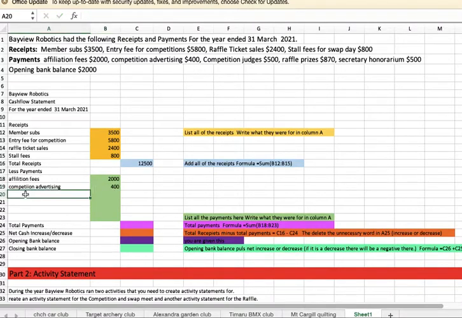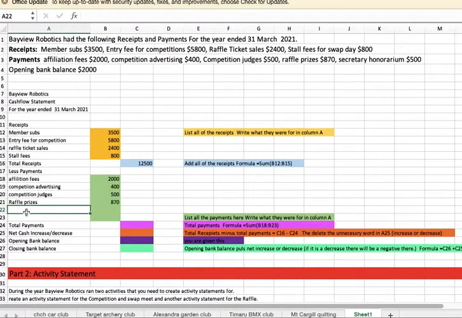Competition judges. Come back up here. Competition judges were $500. Oops, we might spell judges right, eh? Judges. $500. Raffle prizes, 870.